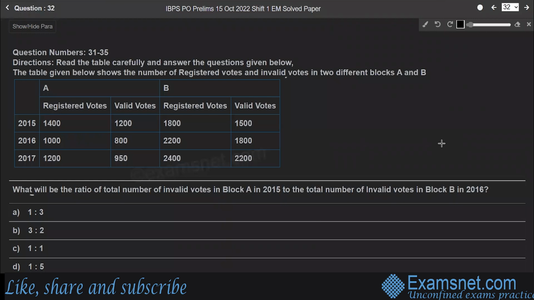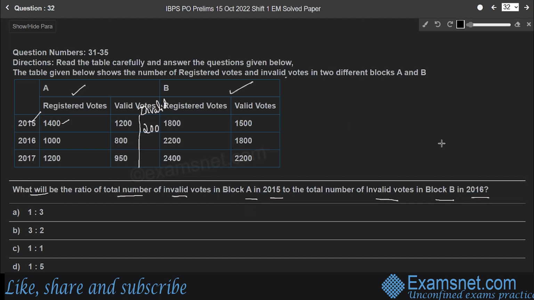Question 32. What will be the ratio of the total number of invalid votes in block A in 2015 to the total number of invalid votes in block B in 2016? So in 2015, in block A, valid votes are 1200, so invalid votes are 1400 minus 1200, so 200 invalid votes in block A in 2015.